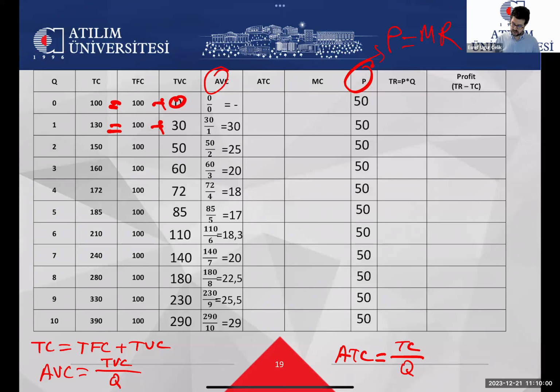But I think the first formula is easier to get the answer. So total cost divided by quantity: 100 divided by 0, 130 divided by 1, and it's going to go like that. And in your exam, you are able to use a calculator.